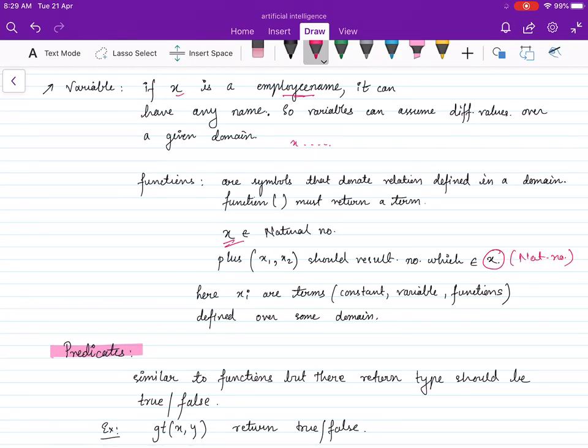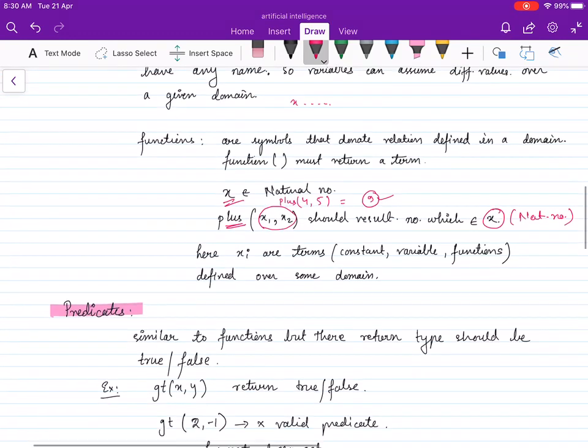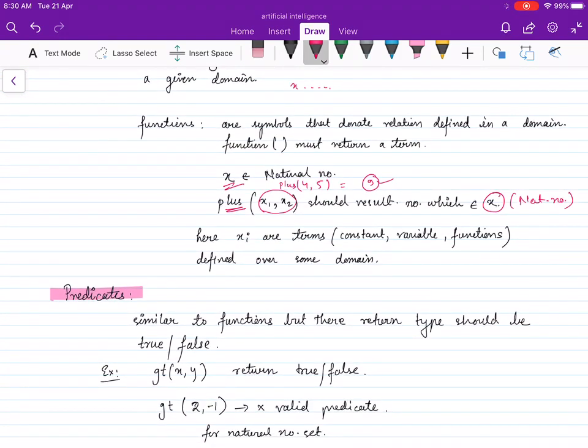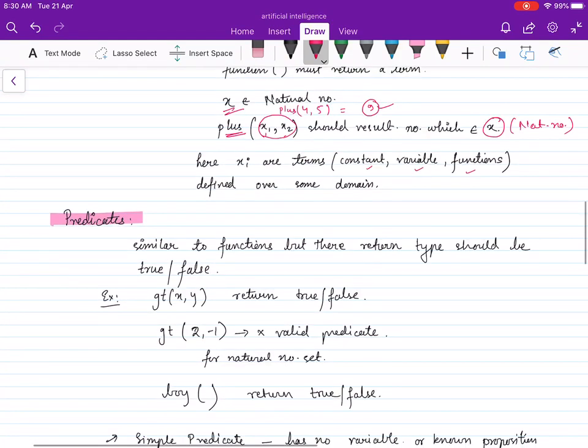Applying a function on 4 and 5, the result 4 plus 5 is 9, and 9 is also a natural number, so this is valid. Here the xi are terms; they can be constants, variables, or functions, anything defined over some domain.